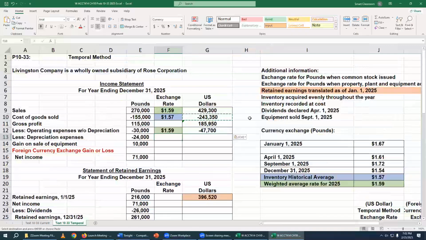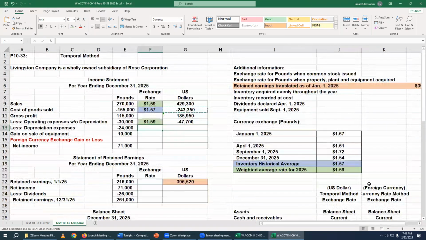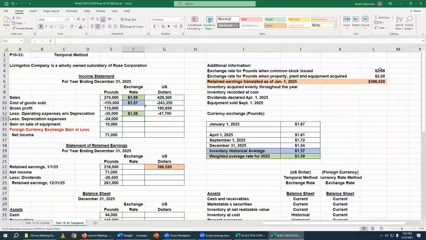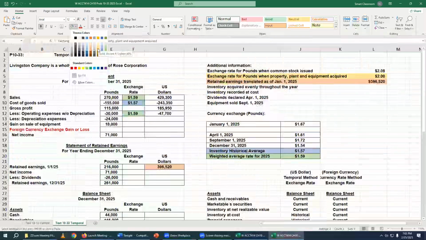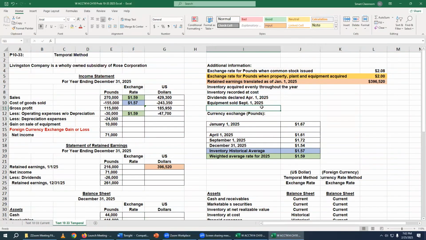Depreciation expense. Now this is way over here. This is the exchange rate when the equipment was acquired. It was 2. They don't look like the same, but it's a historical, it's just a different historical.